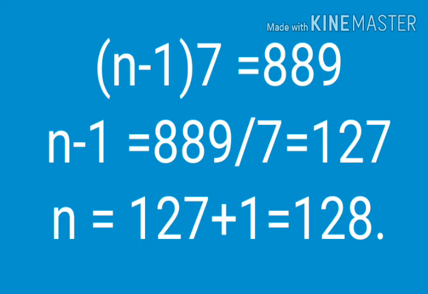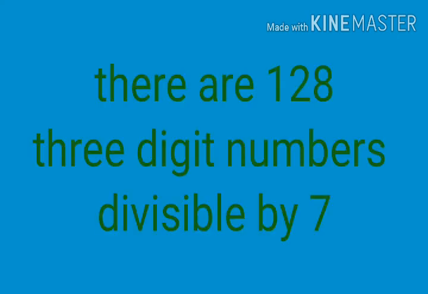Now n minus 1 equals 127. So n equals 127 plus 1, that is equal to 128. So here n equals 128 means there are 128 3-digit numbers which are divisible by 7.